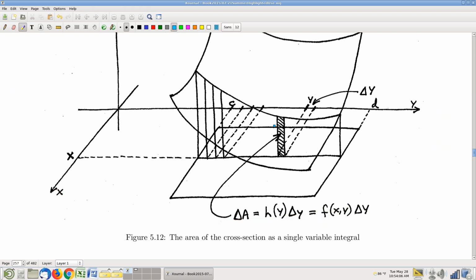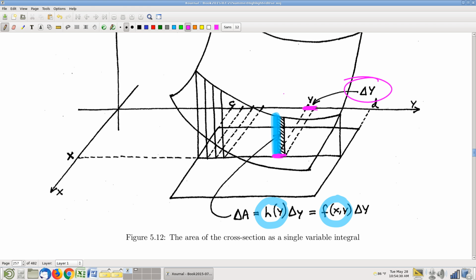This height is being multiplied by width in the form of that right there. That is width along the y-axis. We're looking at this interval from C to D, and we're chopping it up into little pieces.